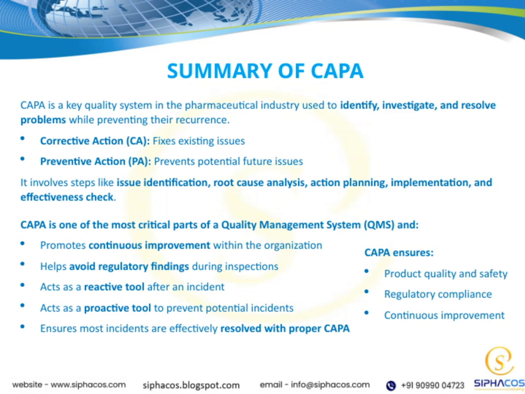Proactively, it helps us identify and prevent potential issues before they escalate. By doing so, we ensure that most incidents are resolved properly through CAPA, which ultimately strengthens the overall quality of our products and processes. In summary, CAPA is essential because it helps us continually improve, stay compliant, and prevent issues, making it a cornerstone of our quality assurance efforts.